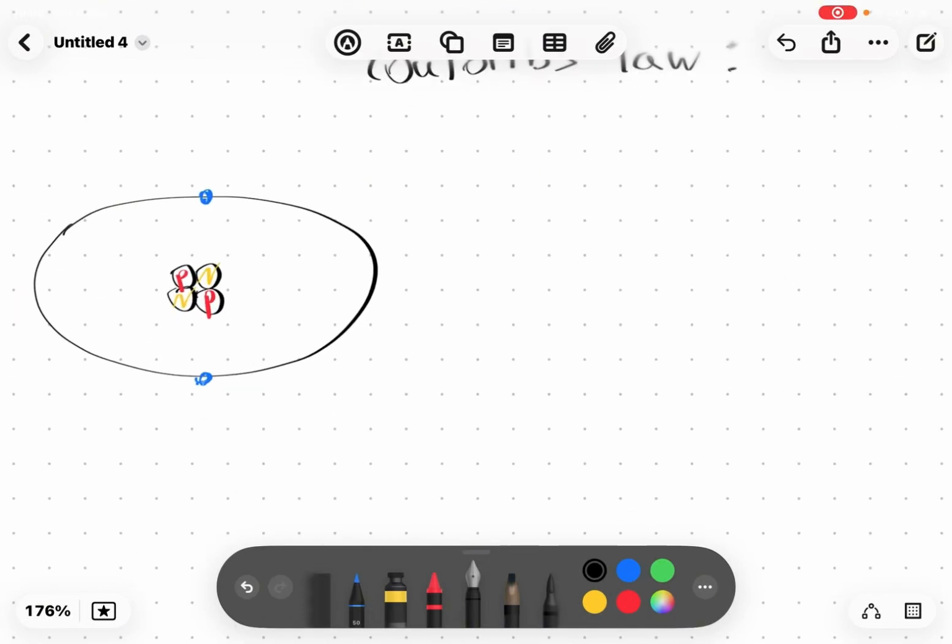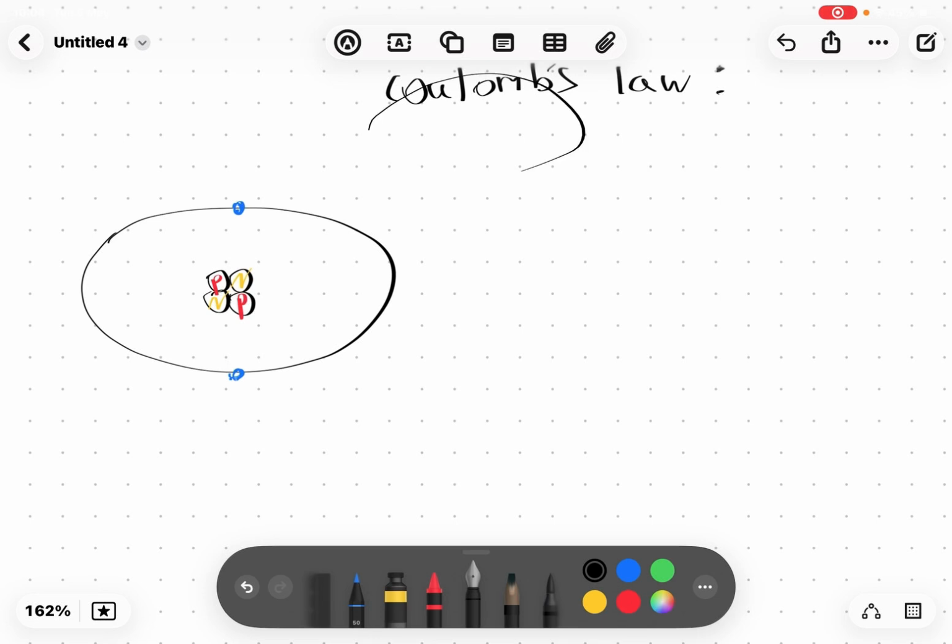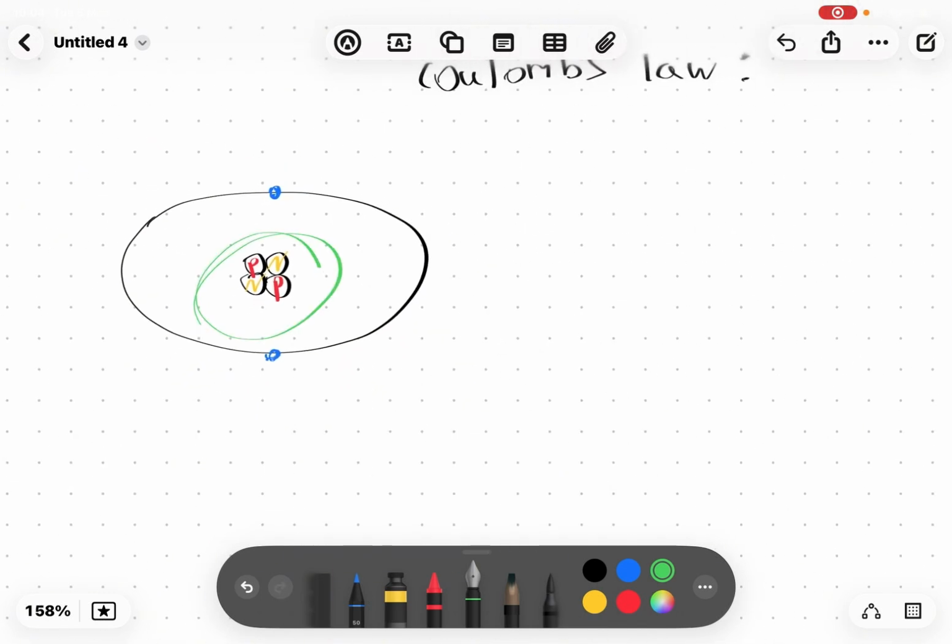So let's talk about the atom first. To understand Coulomb's law, we have to think about atoms. In the middle of the atom, I'm not sure what these particles are called, however, we have protons, which are charged positively.